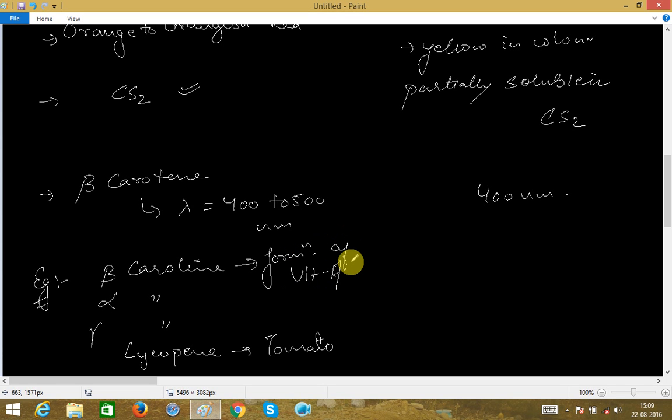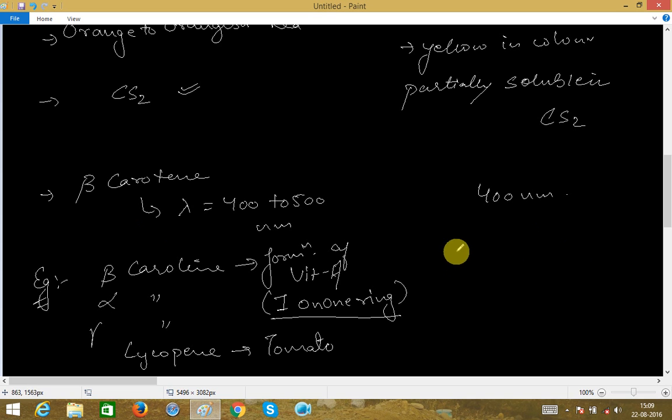Any substance which has got an ionone ring will possess the ability to form vitamin A. Vitamin A synthetic activity would be there. And this beta carotene is actually responsible for imparting orangish to reddish color.